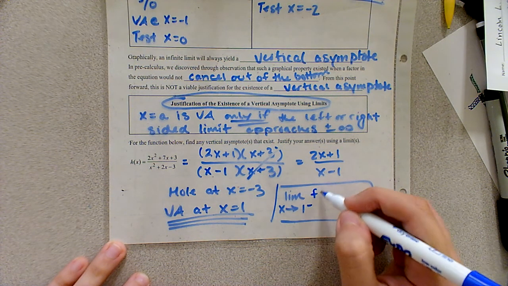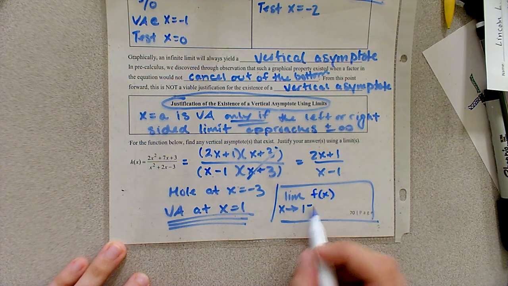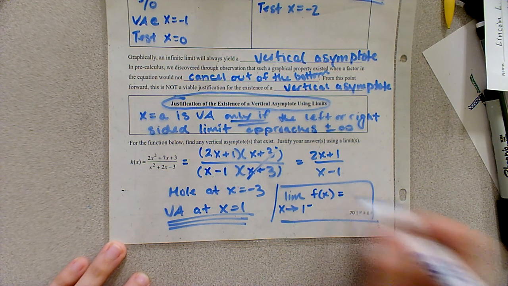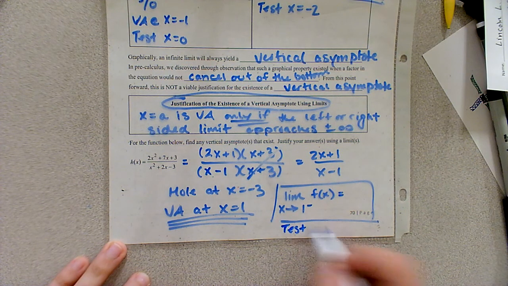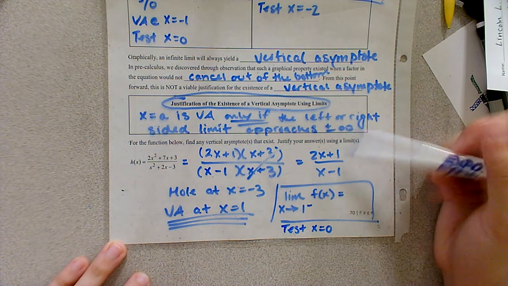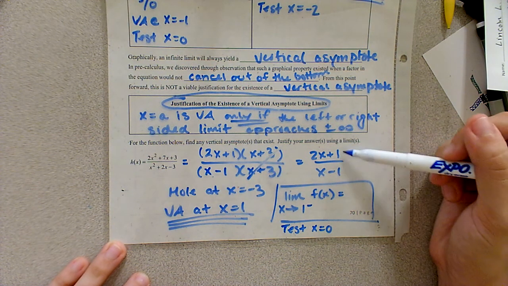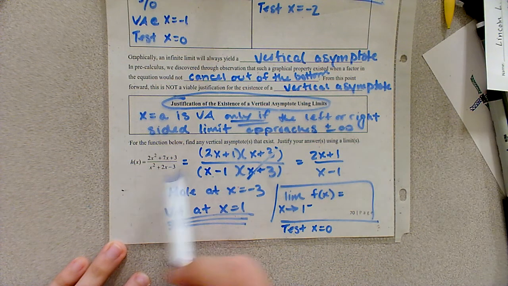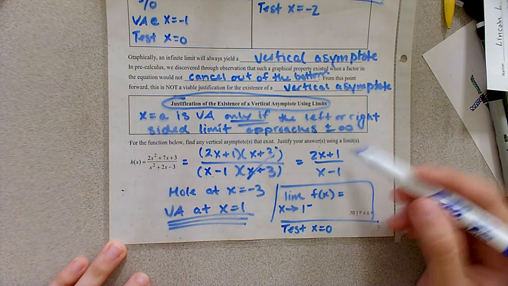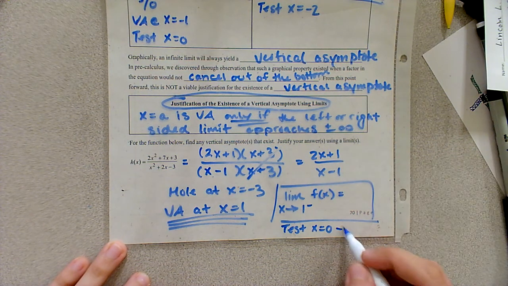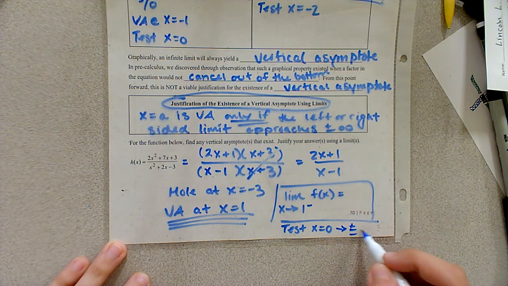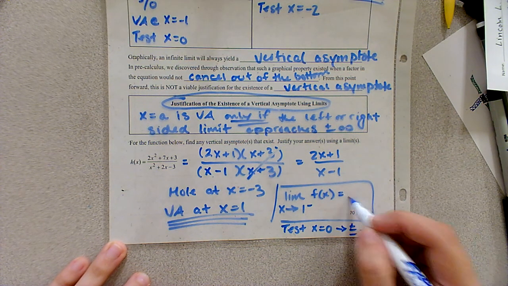If I want to pick something smaller than 1 from the left-hand side, maybe 0, whatever you want to choose, we want to see, do we get positive or negative? So let's test the x value of 0. We can plug that into our simplified version, a little bit easier than the beginning one. If we plug in 0, notice we'll get a positive over a negative. So positive over negative would result in negative infinity.